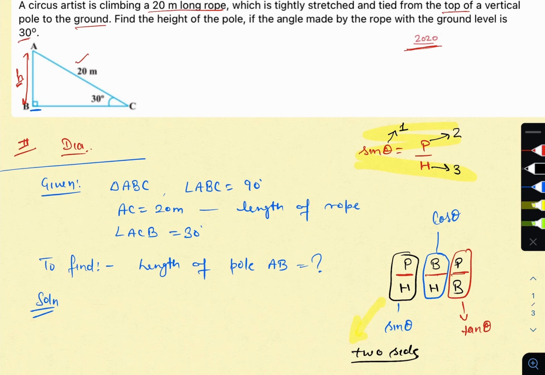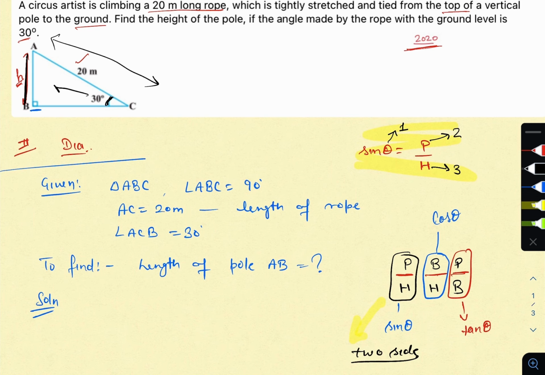Or, if both sides are given, we will use the angle which we have to find out. In this scenario, we have to find the height, that is AB, and the length AC is given here. So one side is given, one we have to find out, and the angle is also given.